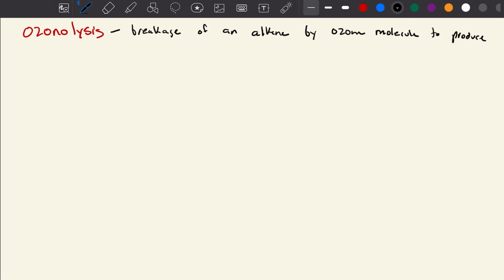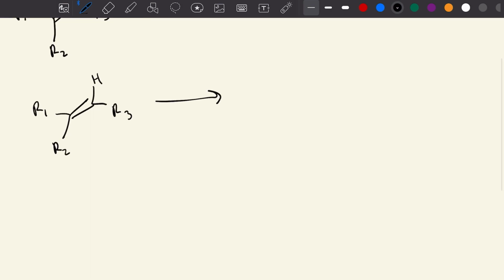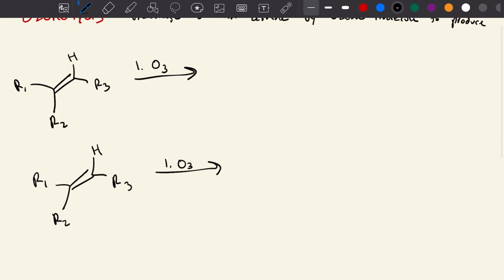Alright, so there's two subreactions of ozonolysis. So I will draw those out for you. They're both two steps, and both of them, the first step involves the ozone, but this is where it kind of differs.